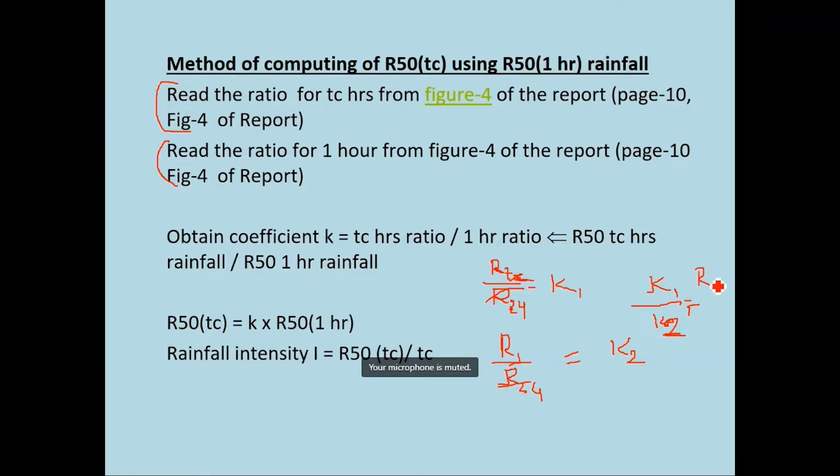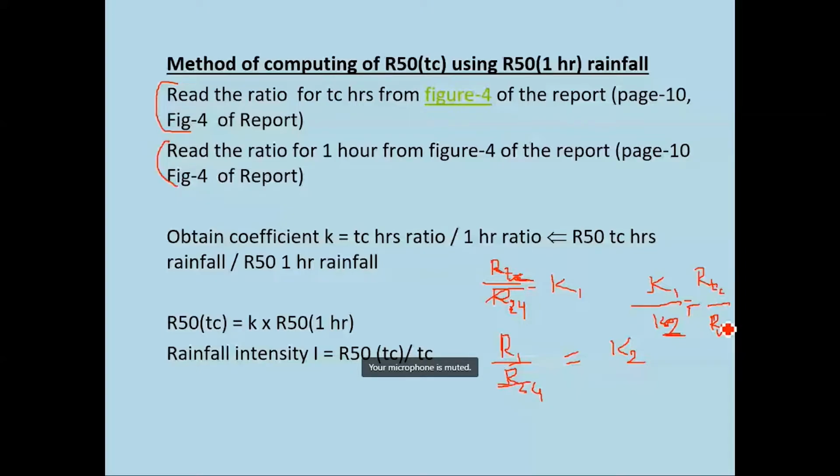So K1 by K2 is nothing but RTC by R 1 hour, and R 24 hours gets cancelled. Am I clear? Yes, sir. So for R50 TC, K1, K2 are known.